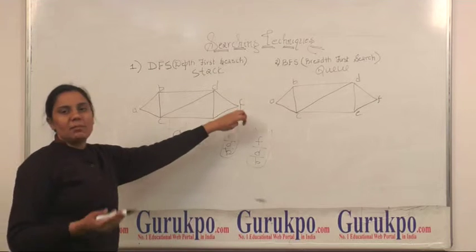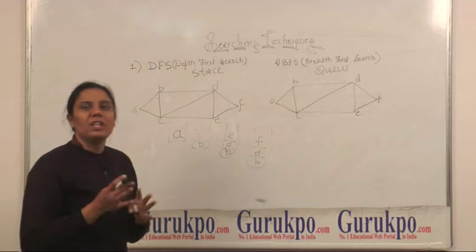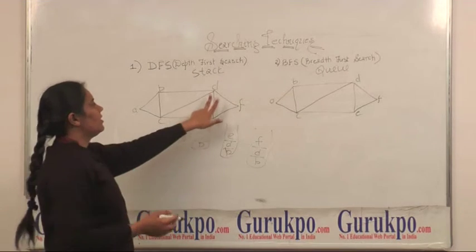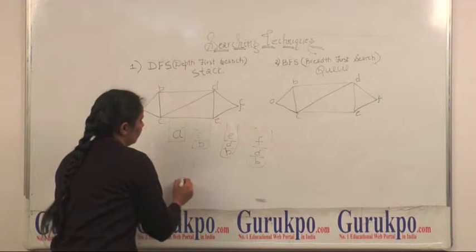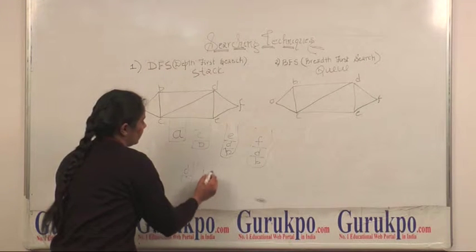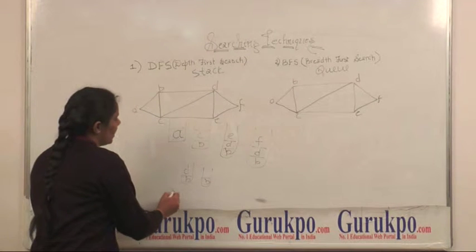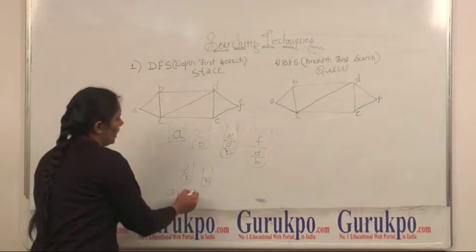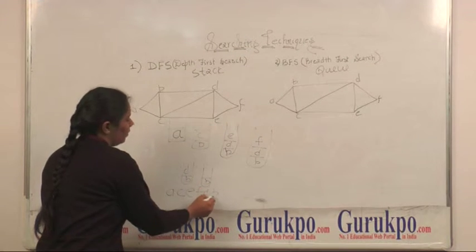So now it's time to backtrack to the remaining nodes that we haven't explored yet, that is D and B. F is done, and only D and B are left. So now our result is A, C, E, F, D and then B.